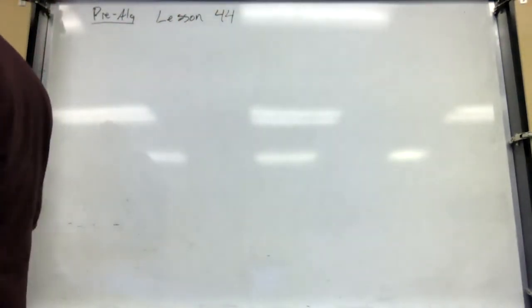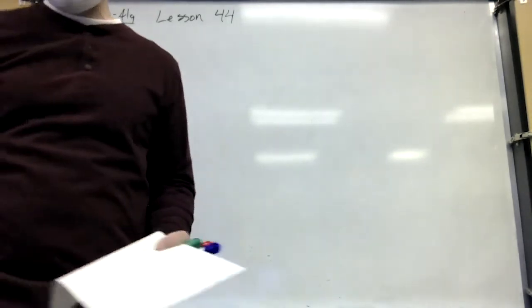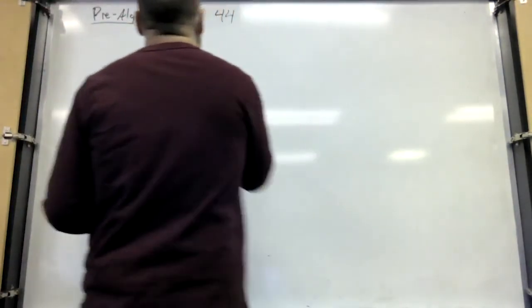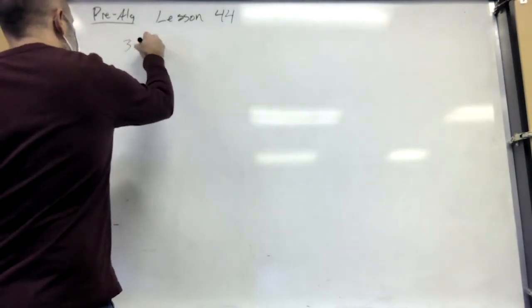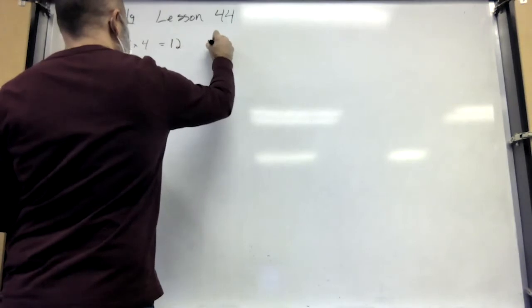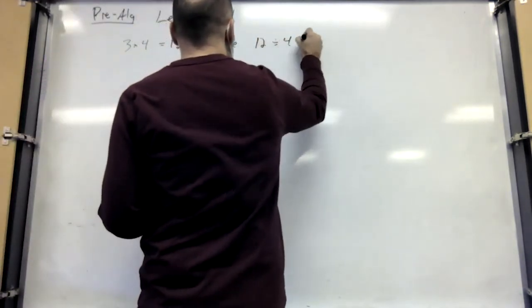Okay, 44 is not anything too new. I think most of you guys know how to do this. But if I go 3 times 4 equals 12, and then I go backwards, the inverse would be 12 divided by 4 equals 3.